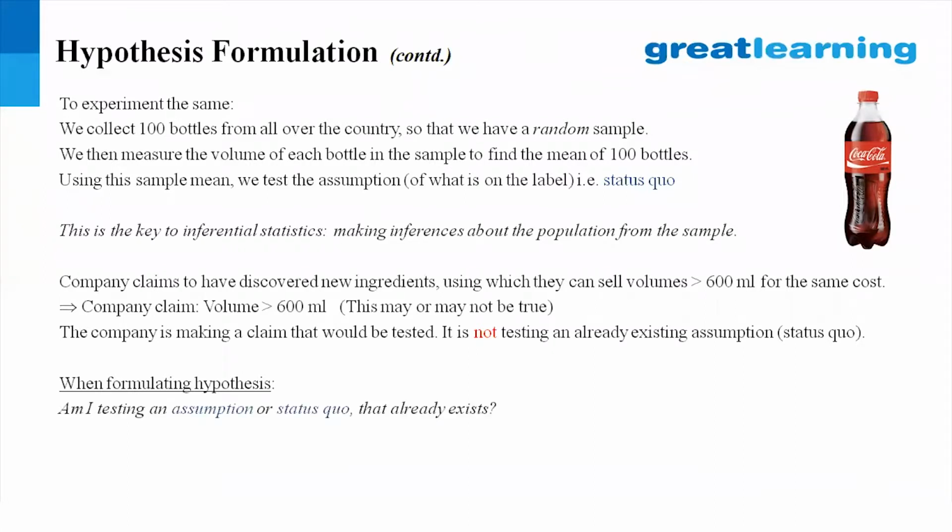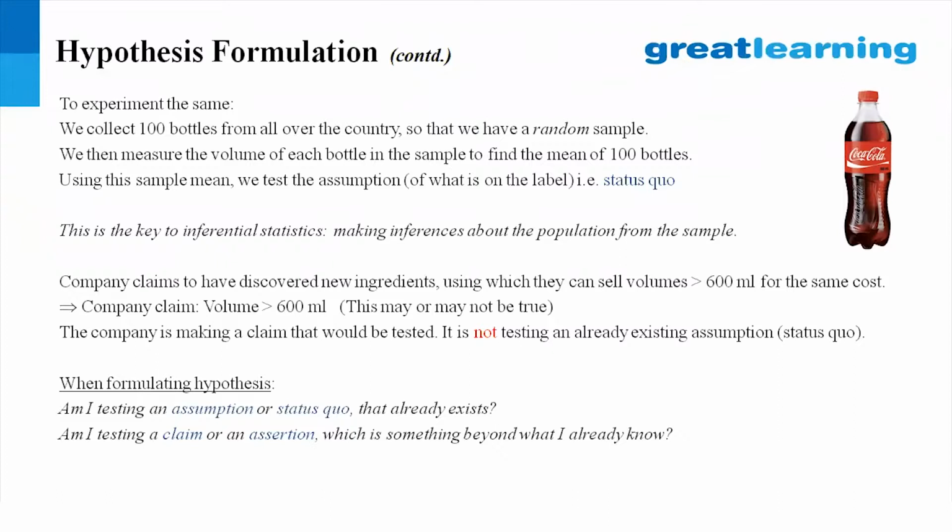When you're formulating the hypothesis, you need to ask yourself two questions. Either of these two will be true. The first question you need to ask yourself is whether you're testing an assumption or a status quo that already exists, or you're testing a claim or an assumption which is something beyond what you already know.